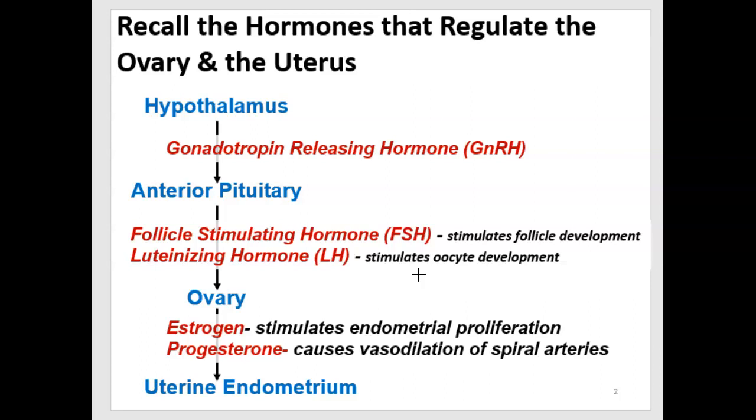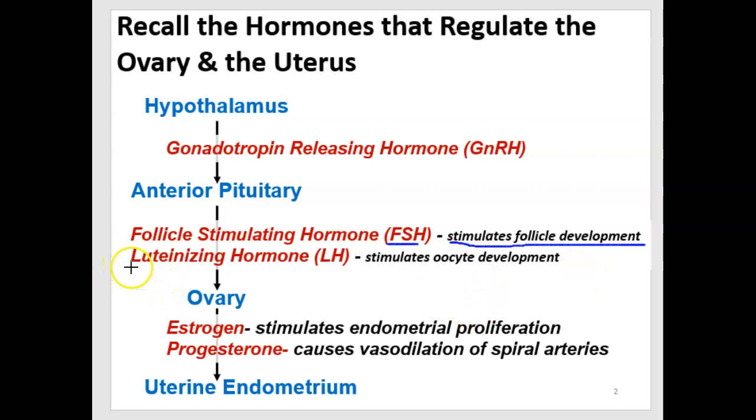One is follicle stimulating hormone, known as FSH for short. It does what it sounds like it does. It stimulates the development of a follicle around a developing gamete. So we'll look at the follicle again.